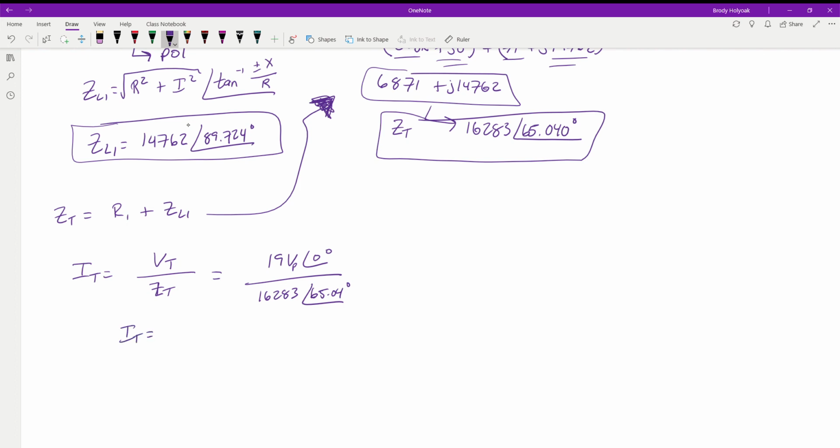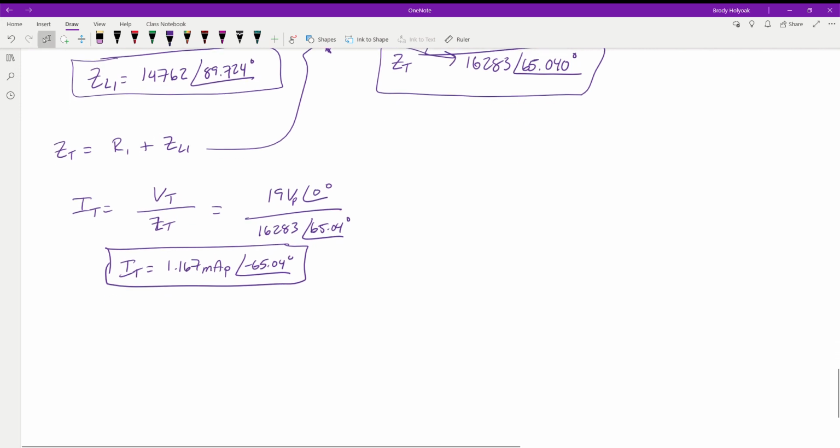I total comes out to be 1.167 milliamps at an angle of negative 65.04 degrees.